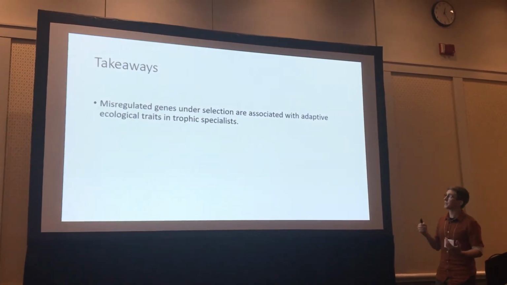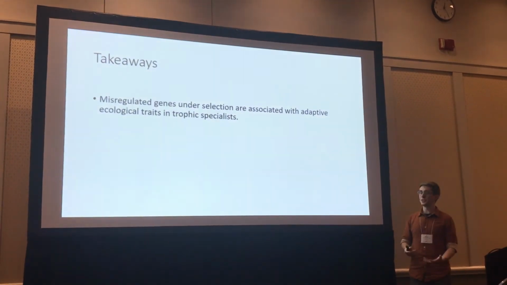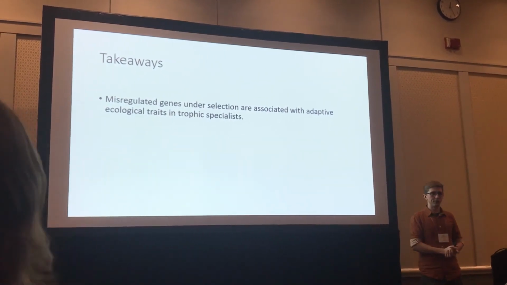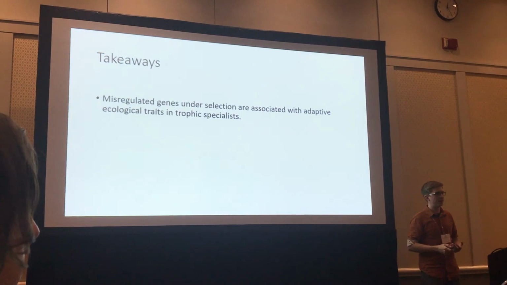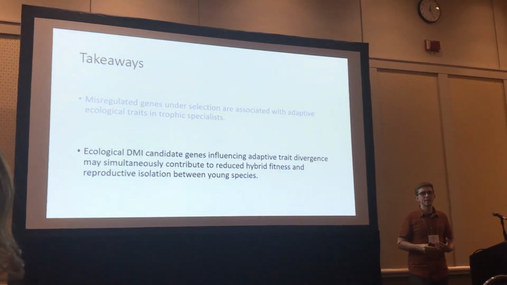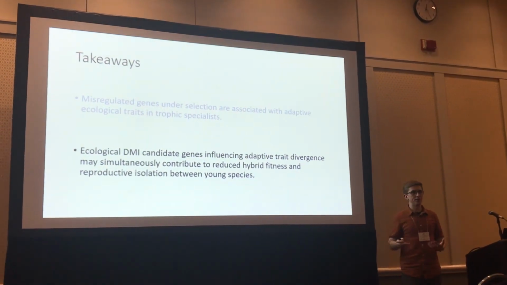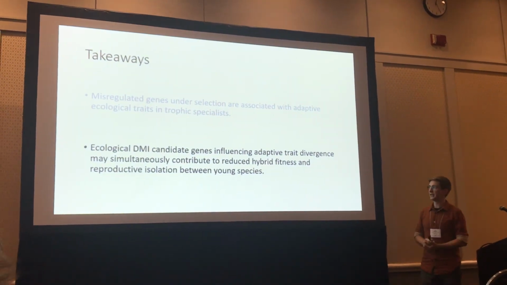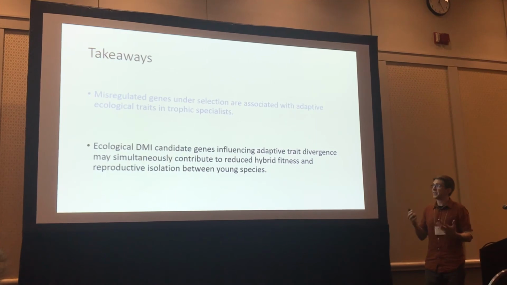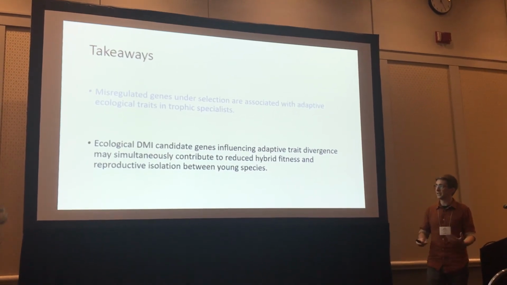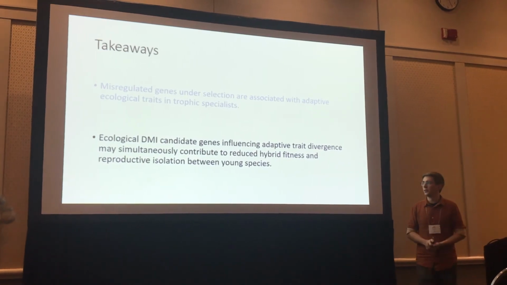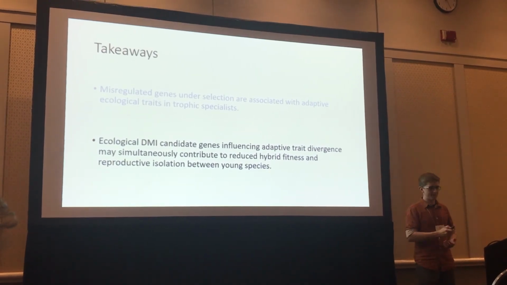And so what I've shown you is that misregulated genes under selection are associated with adaptive ecological traits in specialists, but I'm hoping that one of the broader takeaways is that this data supports a compelling genetic mechanism of rapid speciation where these ecological DMI candidate genes are simultaneously influencing adaptive trait divergence and contributing to reduced hybrid fitness, potentially leading to reproductive isolation between these young species.